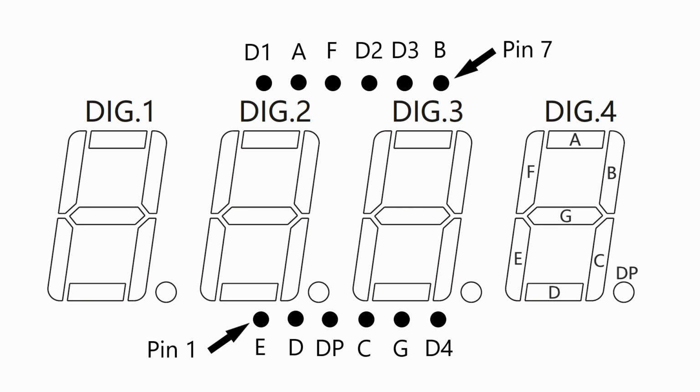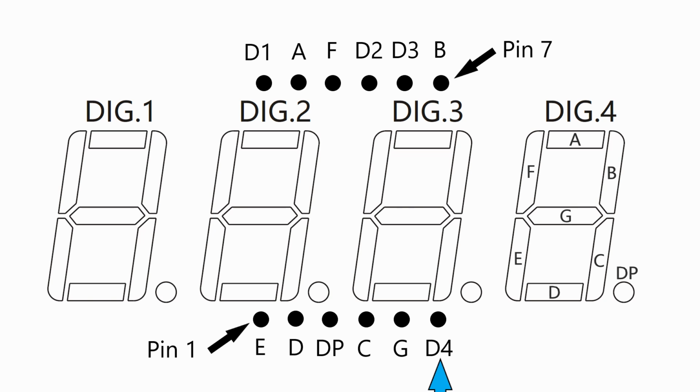Here's a diagram showing the 4-digit display pinouts. Pins start from the bottom left and work around counterclockwise to pin 12. Pins 1 through 5 control the LED segments E, D, the decimal point, C, and G.